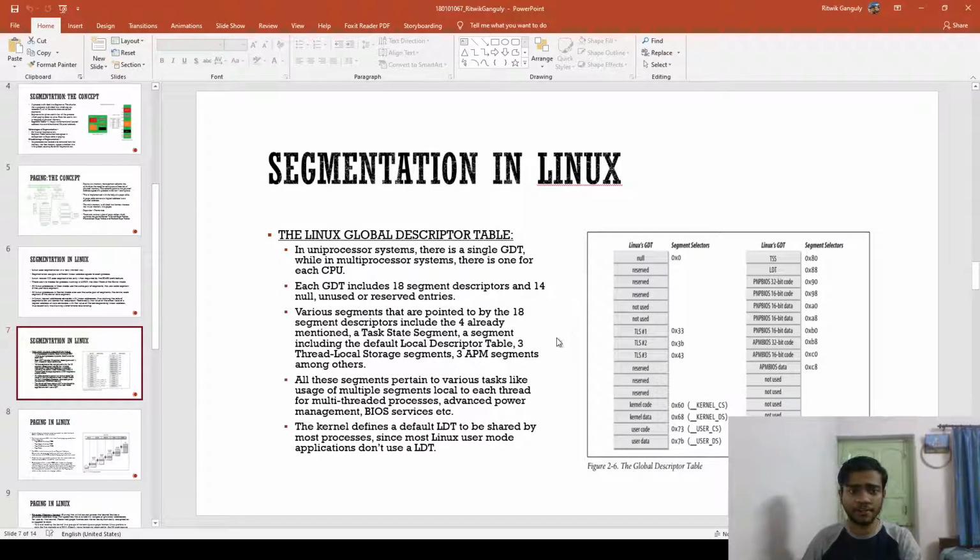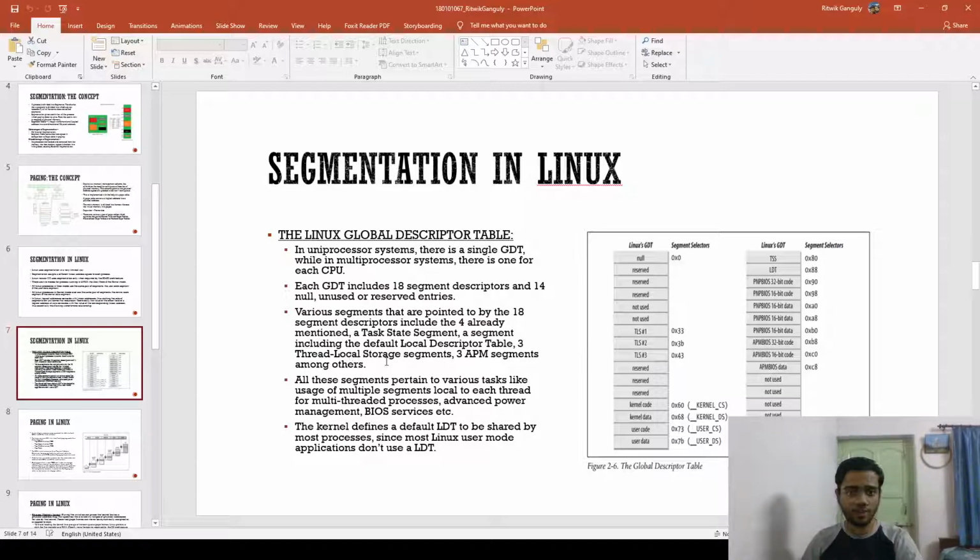So these 18 segment descriptors point to segments like we've already mentioned, four segments: the user code, the user data, the kernel code, and the kernel data segments. We also have a task state segment, and a segment including the default LDT, or local descriptor table.